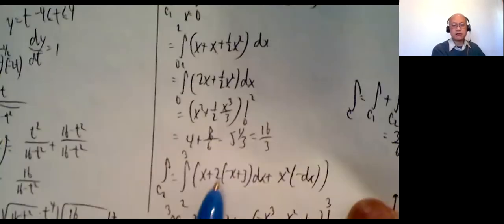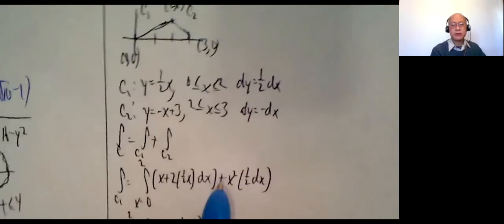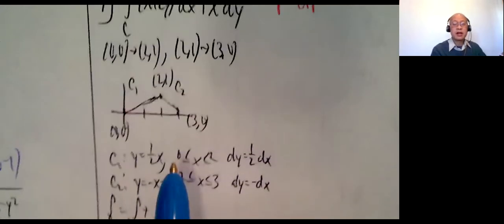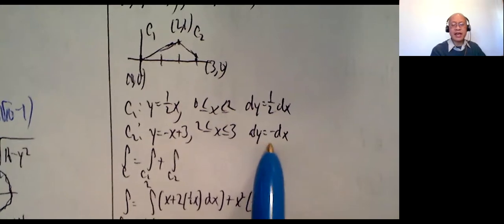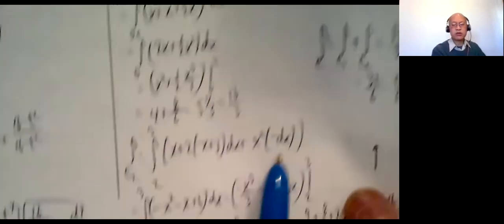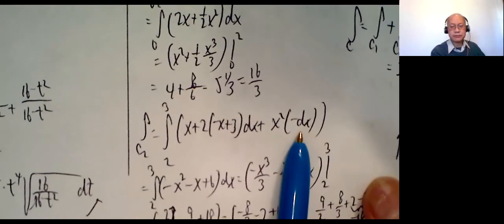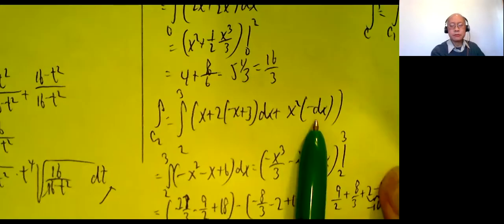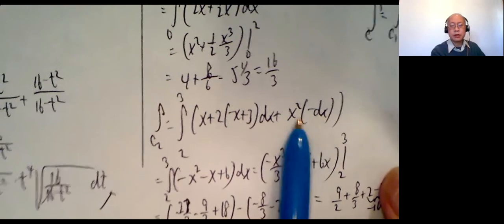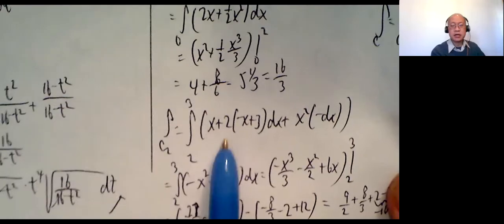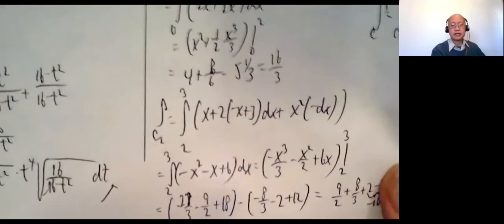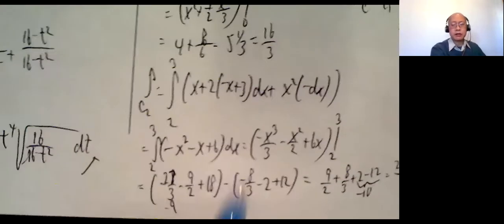For the second graph, that's y dx, plus x squared dy. dy is negative dx for the second curve. So x squared negative dx. All right, so that's negative x squared. x minus 2x is a negative x, and then plus 6 dx. So that's my integral.